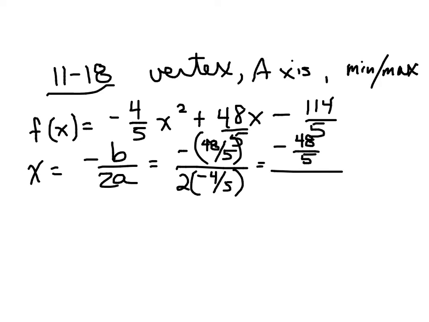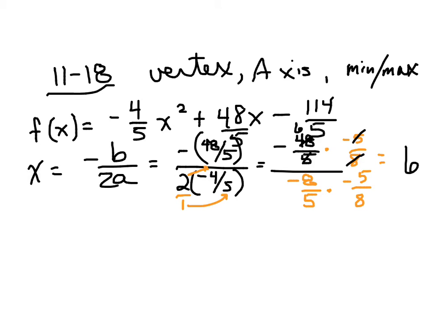And when you multiply on the bottom there, it'd be negative 8 fifths. When you are dividing fractions, you multiply by the reciprocal. So in order to get rid of this bottom of negative 8 fifths, you're going to multiply by negative 5 eighths. And when you do that on the top, these 5s are going to cancel, and 48 is going to reduce down to 6. So I end up with 6.